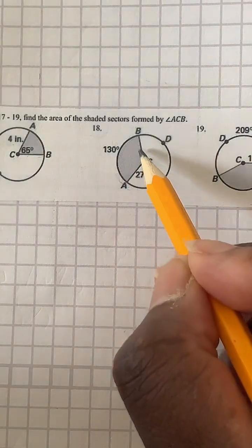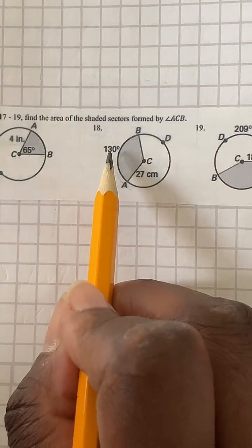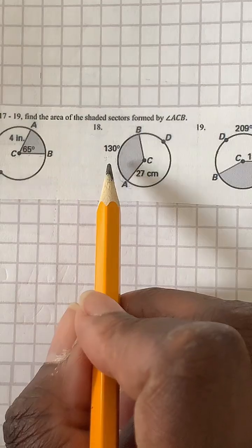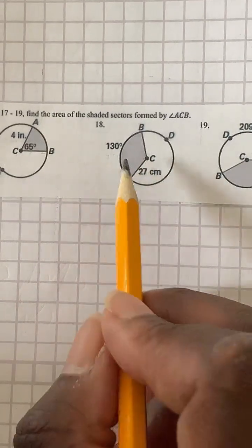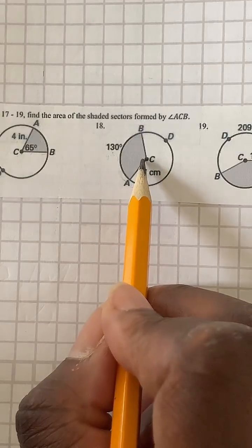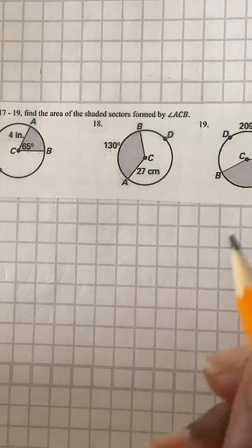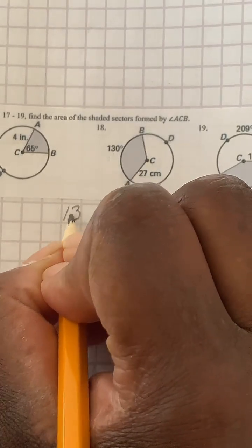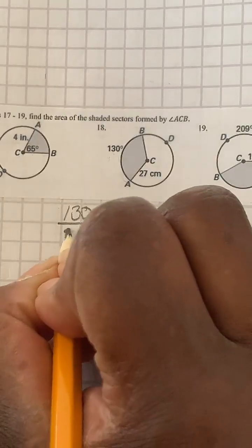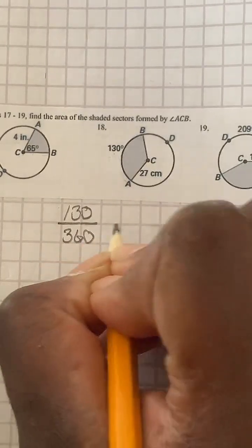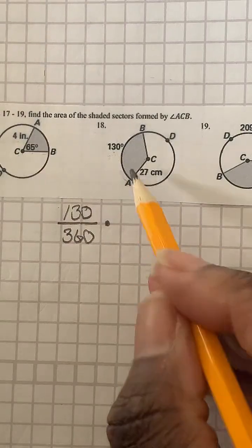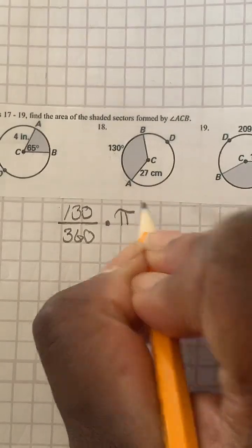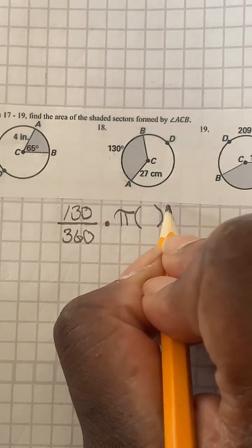So anytime you have a central angle, and this is your angle measure, not your arc length, I have to emphasize that. Too many people lose points because of that. So that means that this is 130. That means our central angle is also going to be 130. So just like Nicole put down, it's going to be 130 out of the 360. And now, since we're looking at the area of that section, it's going to be your pi, your radius squared.